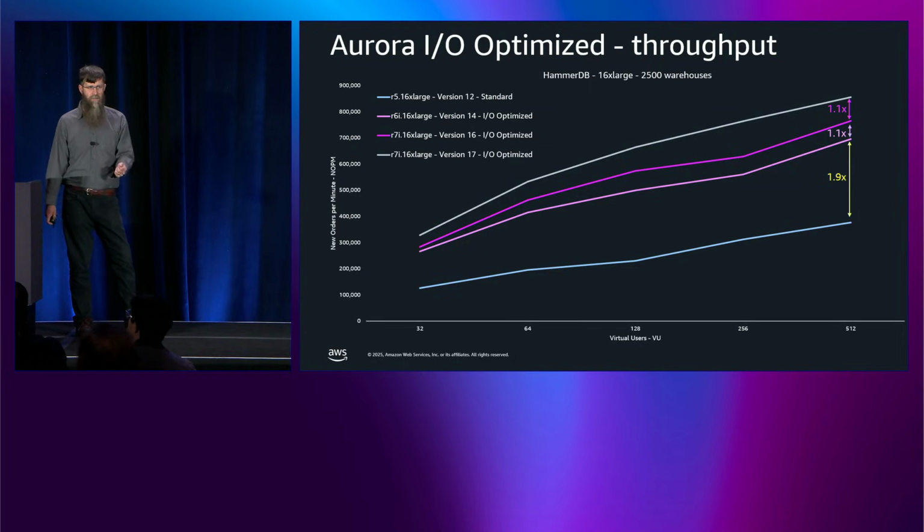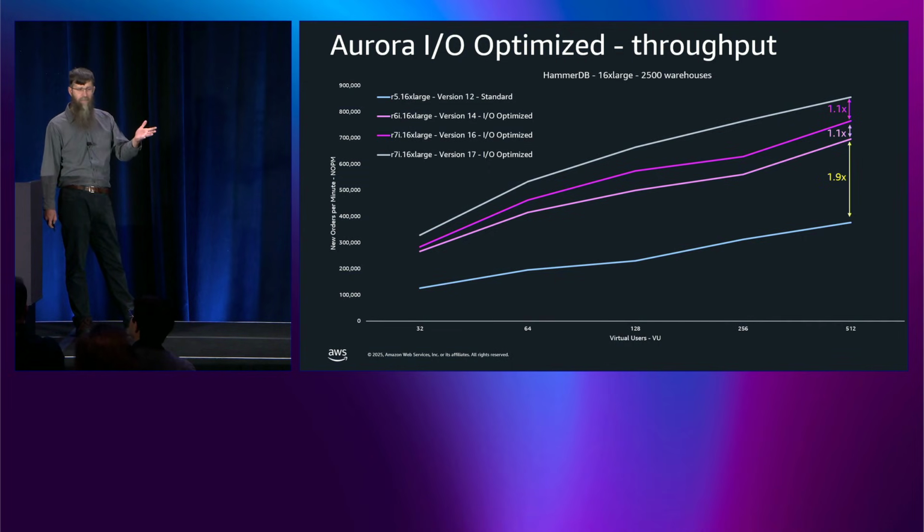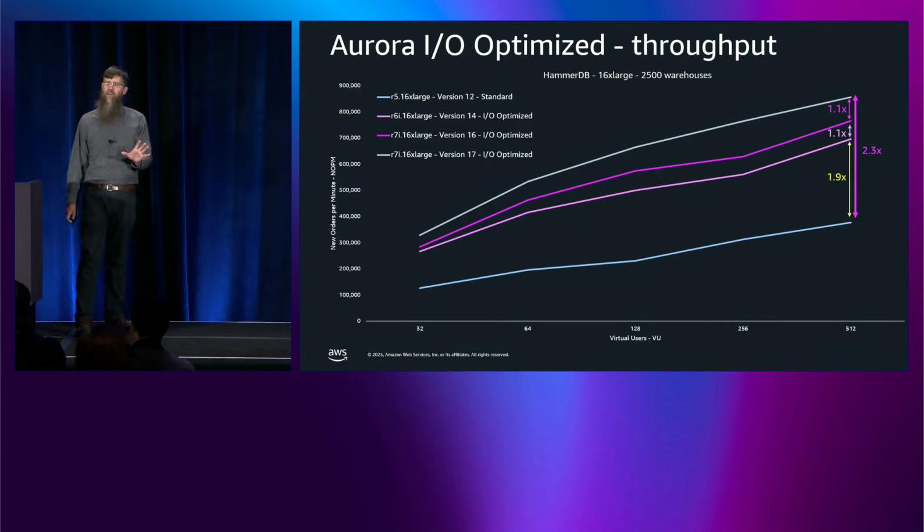We get another 10%. So all you did was upgrade Postgres major version that time. Probably used Blue-Green to do it, right? So that's even better. That's good for throughput. 2.3 times overall improvement in throughput there, just by turning on I/O Optimized, probably reducing your bill if you're working the system this hard, and upgrading a few Postgres versions.